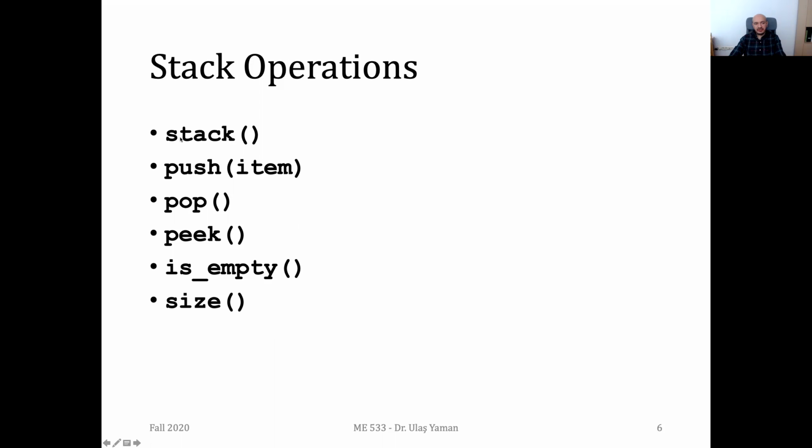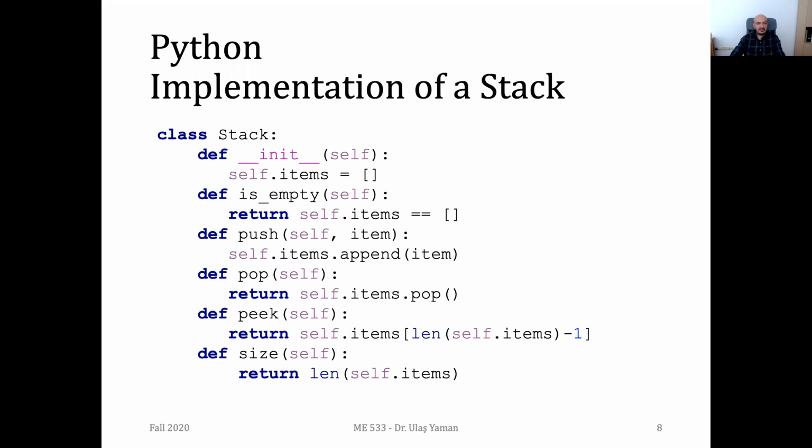Now the first one is okay. Let's have a look at the second one, whether we have push item or not. If there is no such operation, you should have it. Yes, this is the push operation, or in Python, the push definition. It takes an input, an item, and then what it performs is that it uses the operation of list. It appends this item to the end of the list.